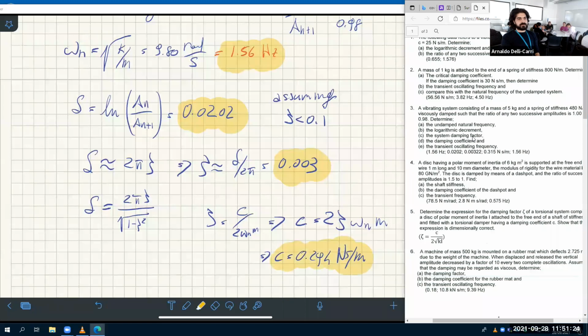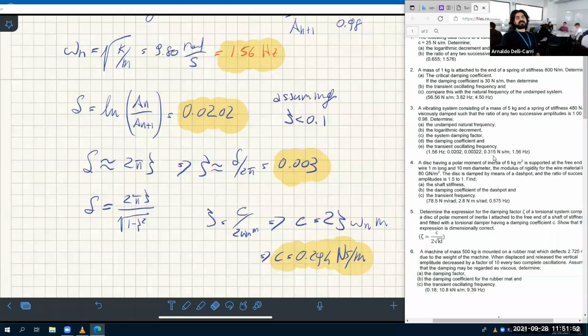Which apparently is not right, because it's 0.315 as per the solution. That's because I used 0.003 for zeta. The solution uses 0.00322. So still basically the same thing. 294 Newton seconds per meter.